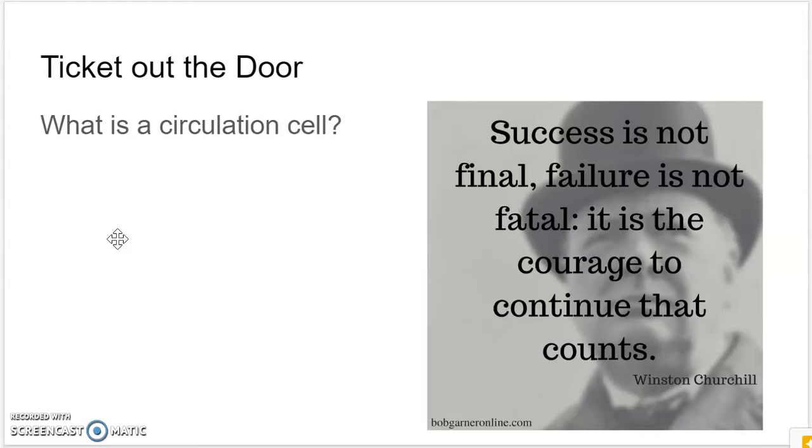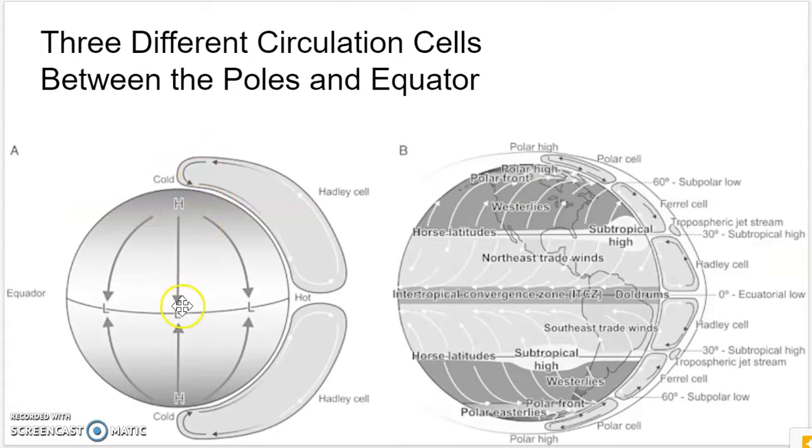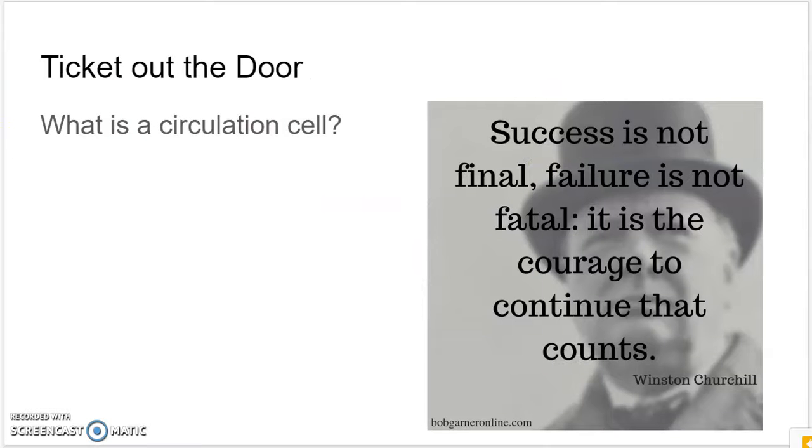It's the temperature differences that drive the overall movement of air from the poles to the equator. But because of the Coriolis effect, it makes three different cells, three different circulation areas, three different convection areas between each pole and the equator.